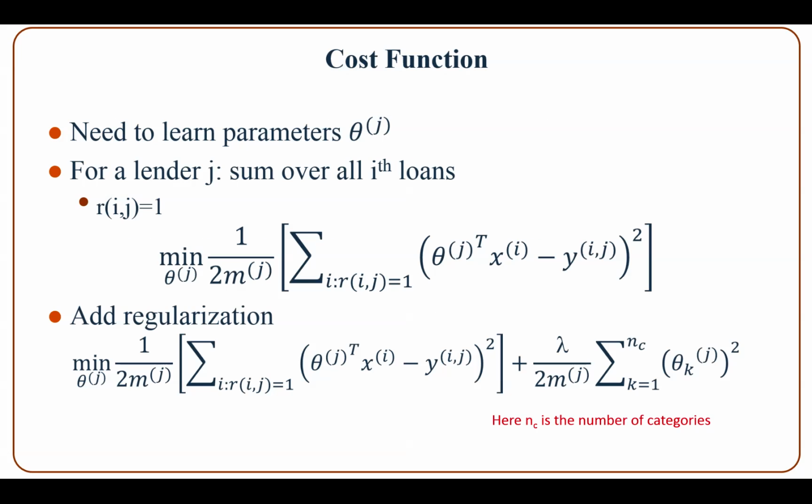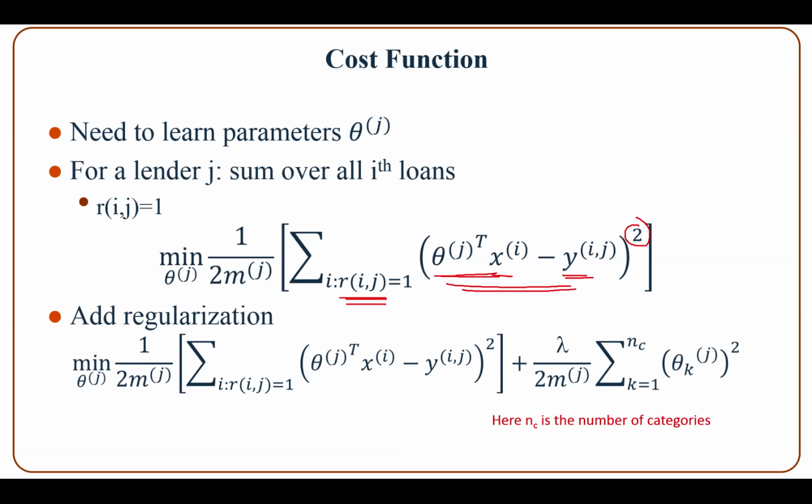Theta j transpose times xi is the predicted rating of lender j to the loan i, and Yij is the real rating. So taking the difference and square it and sum over all the i loans where Rij is equal to 1.